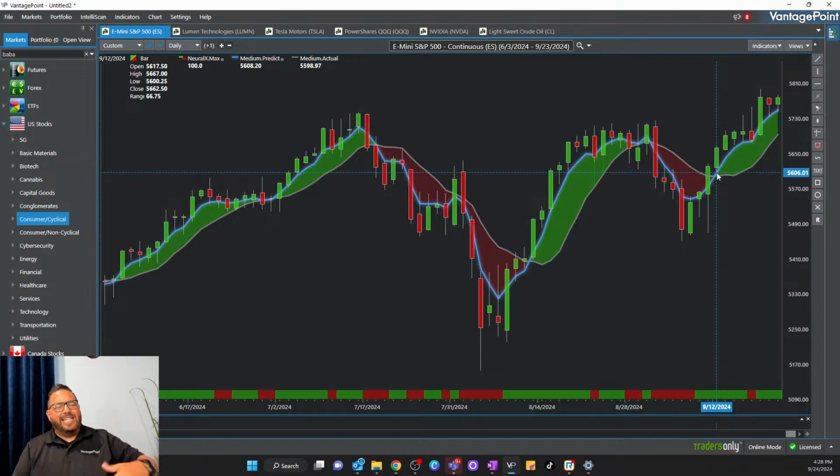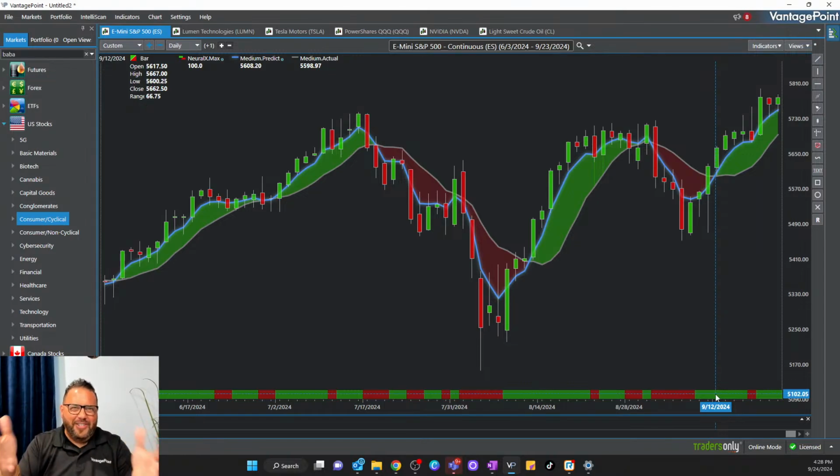So when I see the crossover on 9/12, the first thing I want to do in my next step in using artificial intelligence is verify that there's expected to be strength in price. So I look down at the neural index and I see it's green. For those of you that are not technical analysts, you are now doing technical analysis with artificial intelligence on the screen. It doesn't have to be complicated. I think it was Einstein that said taking something that's complicated and making it simple is true genius.